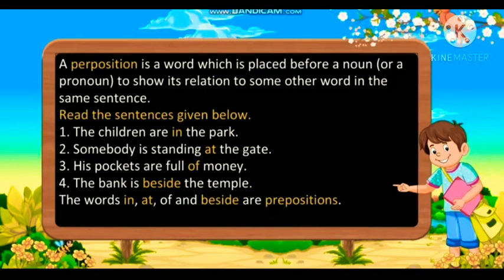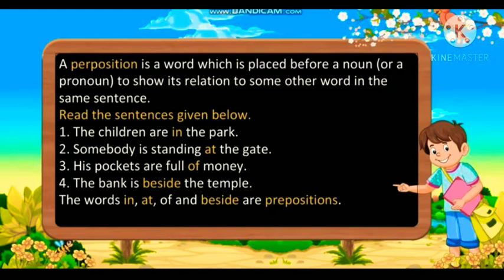So you can see the highlighted words in the above examples. The words in, at, of, and beside are prepositions. Why? Because they are placed before a noun or a pronoun and they're showing its relation, means the noun's relation with some other word in the sentence.